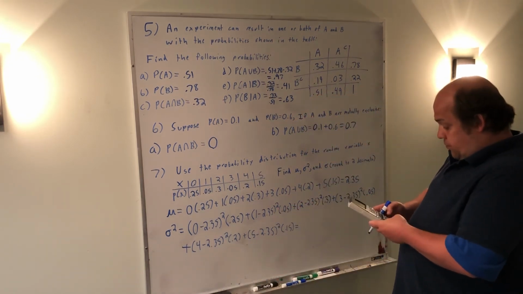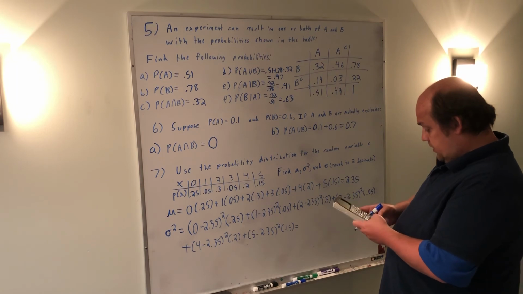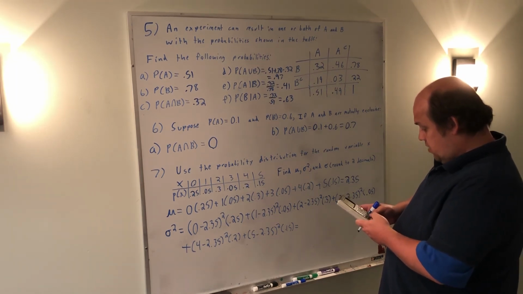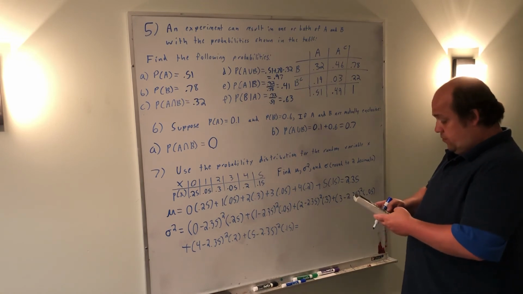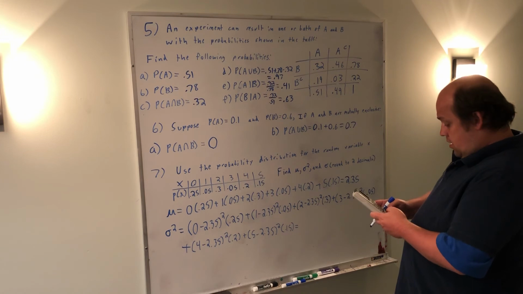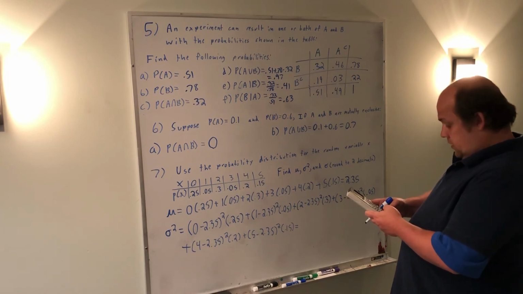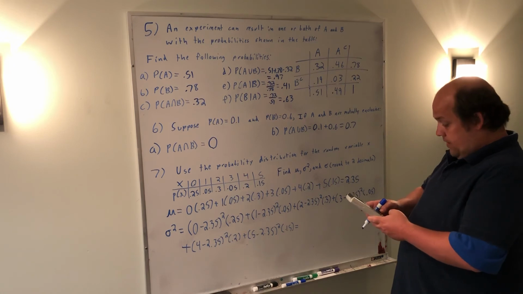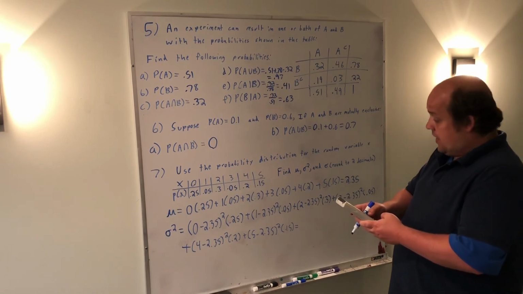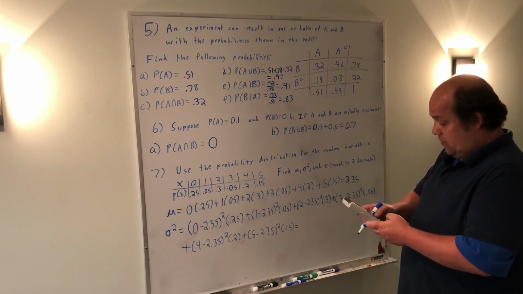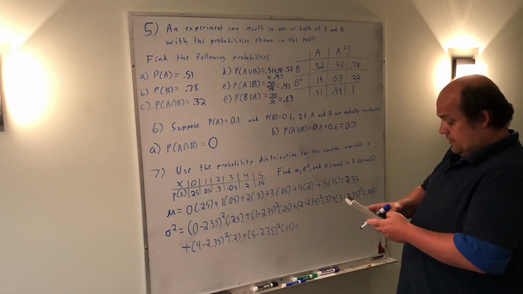I'm going to put this all in at once: parentheses 0 minus 2.35 squared times 0.25, plus parentheses 1 minus 2.35 squared times 0.05, plus parentheses 2 minus 2.35 squared times 0.3, plus parentheses 3 minus 2.35 squared times 0.05, plus parentheses 4 minus 2.35 squared times 0.2, plus parentheses 5 minus 2.35 squared times 0.15.